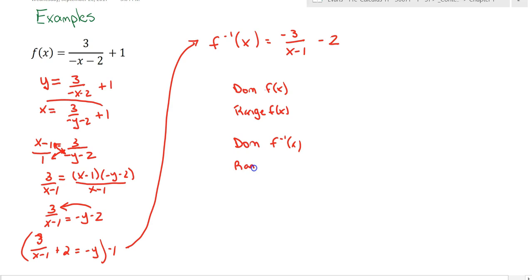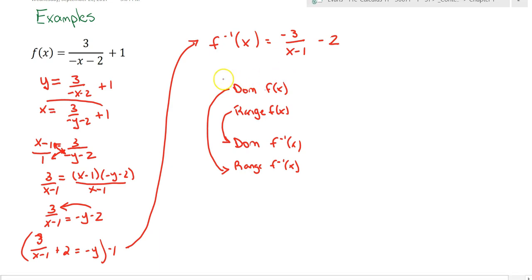And what's the range of the inverse? Now, if you remember, there's a couple of quick rules about inverses and regular functions regarding the domain and the range. The domain of the function is the range of the inverse, and the range of the function is the domain of the inverse. It's easier to find domains than it is to find ranges.